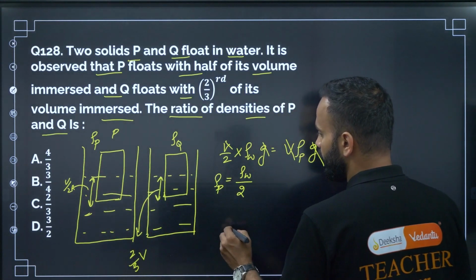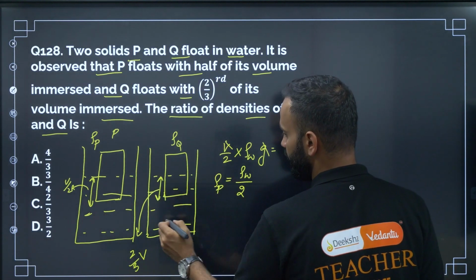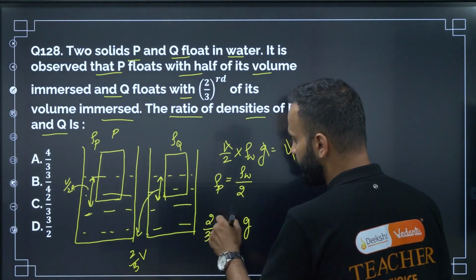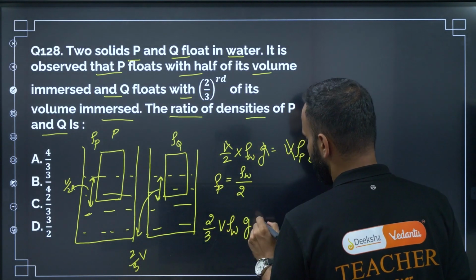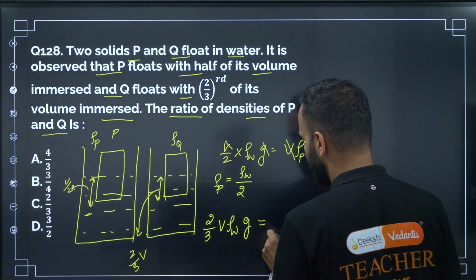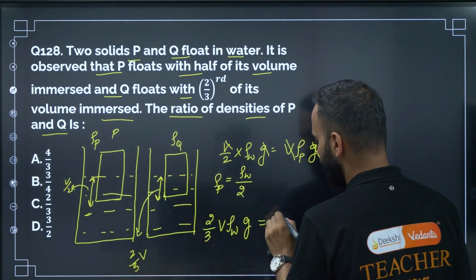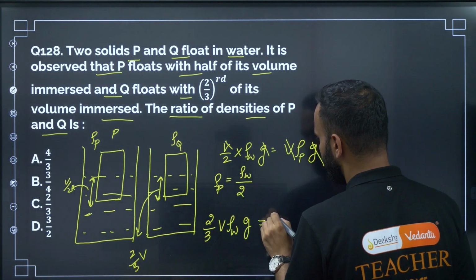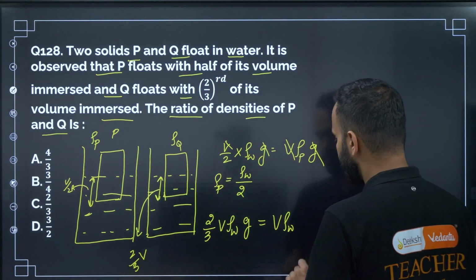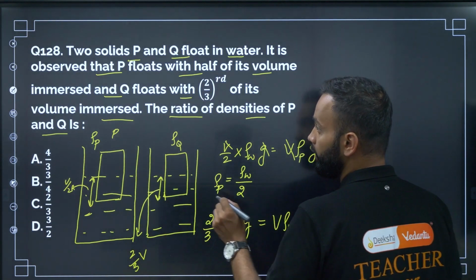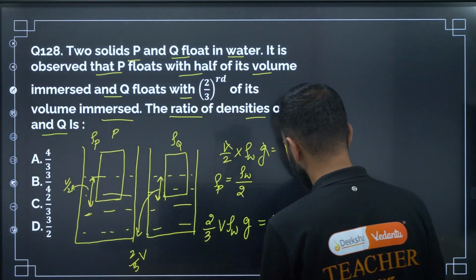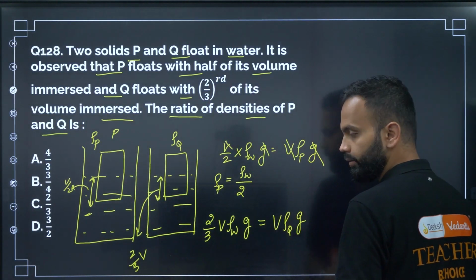Now the second situation, again apply floating condition. Here 2/3 V into rho W into G. This is buoyant force acting on material Q, which is equal to gravitational force on material Q, which is mass of the material Q. Mass of the material Q is volume of the material Q, V, into, sorry, not rho P, rho Q into G, right?